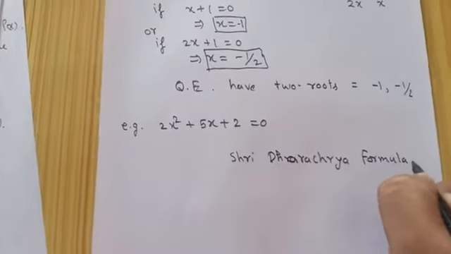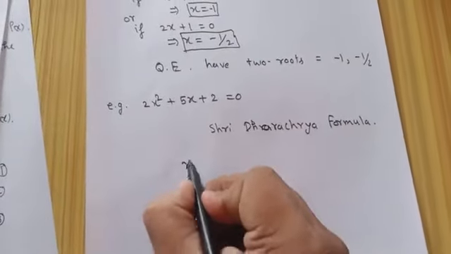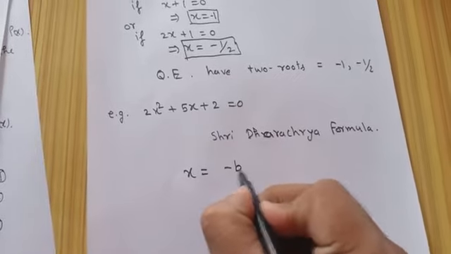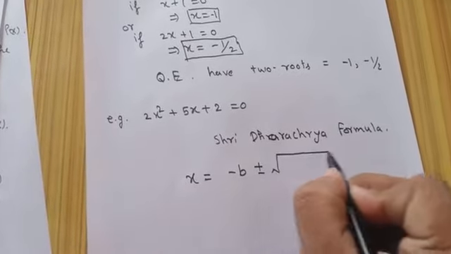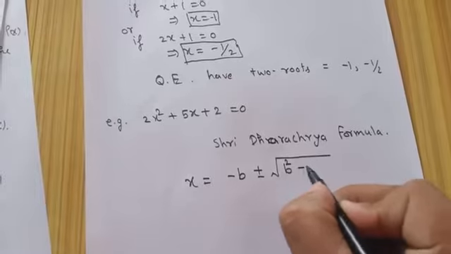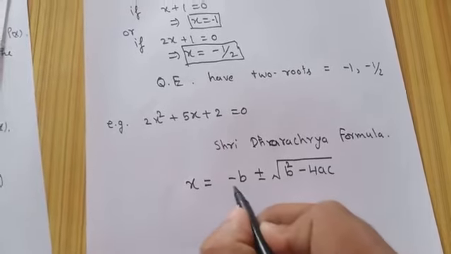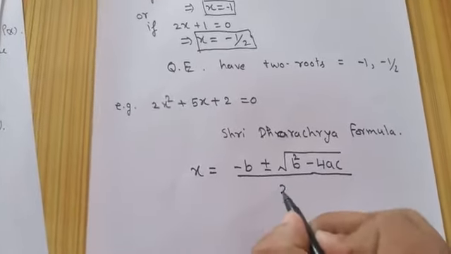This formula is x is equal to minus b plus minus under root b square minus 4ac upon twice a.